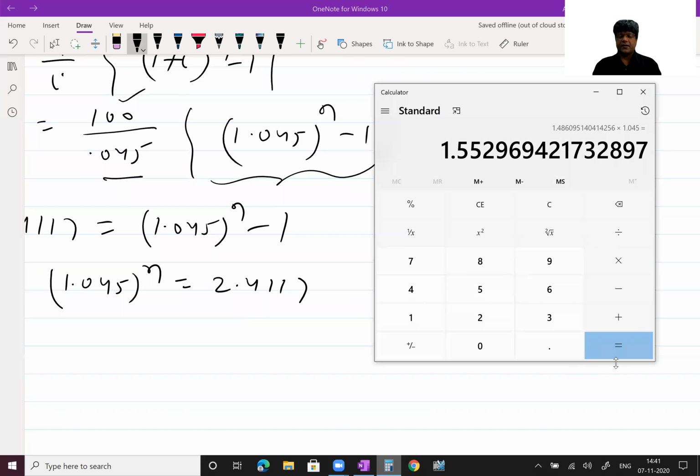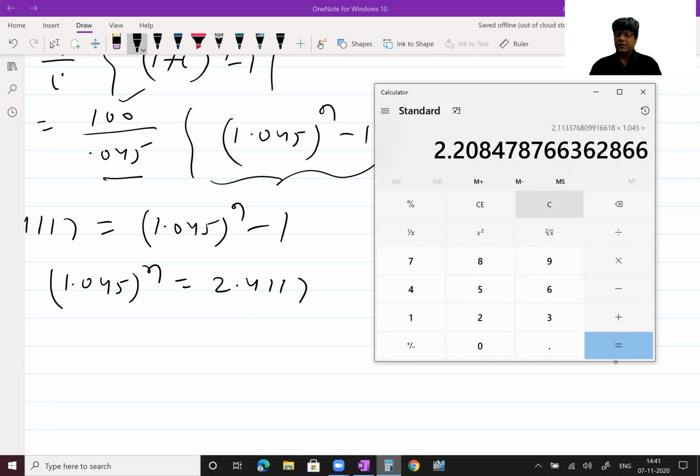Guys, I have reached power 10 and it is 1.55, and I need 2.411, much more than this. So going ahead, up to 10 I did, now starting from 11, 12, 13, 14, 15, 16, 17.